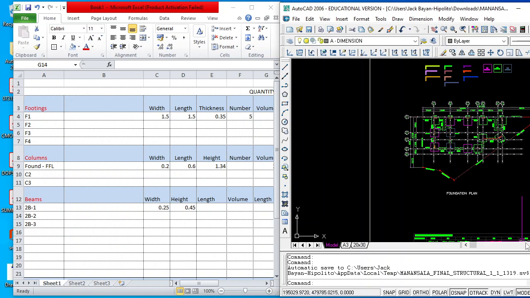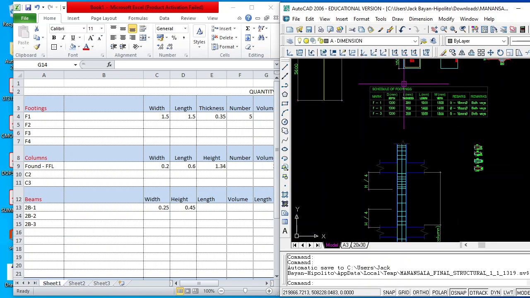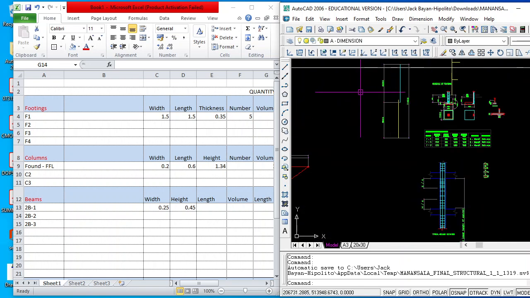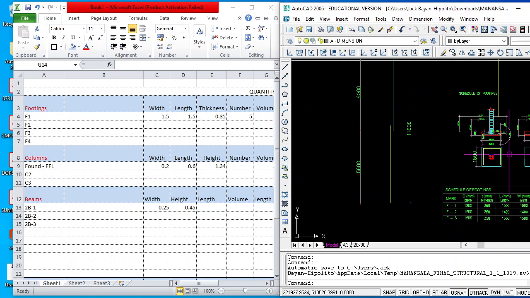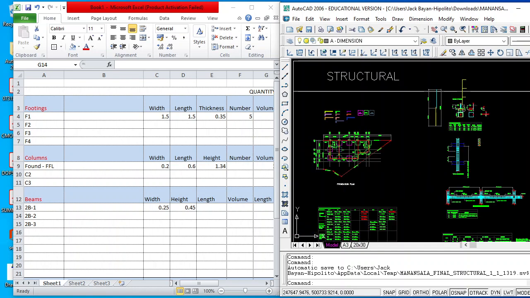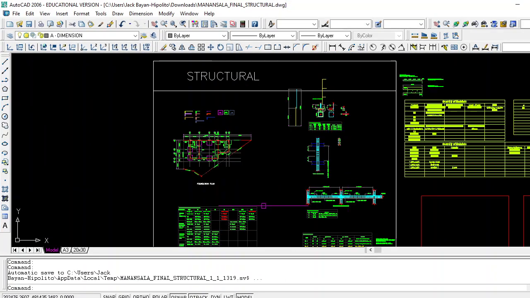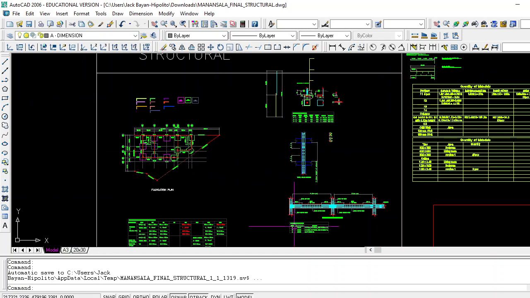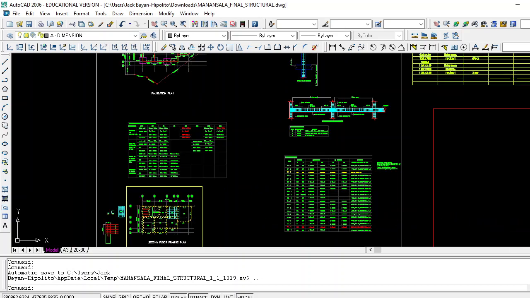So, WF is not indicated here. So, I will require you to estimate your footings. Okay? For your WF, since walang WF rito, i-miss out na lang natin.